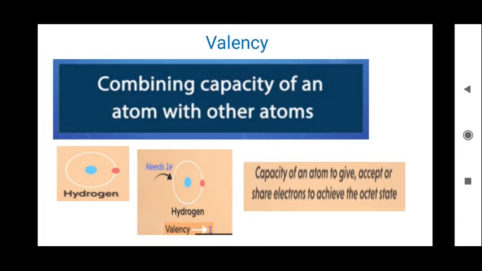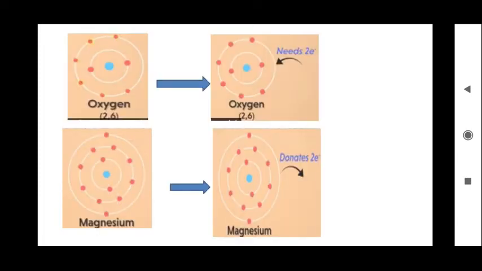So let us move to the next example. See the first example here, that is oxygen. You know the atomic number of oxygen is 8. Out of those 8 electrons, 2 go in the K shell, that is the first shell, and the 6 electrons go in the next shell, that is the L shell. So what is the valence electron of oxygen? It is 6, because they have 6 electrons in the outermost shell.